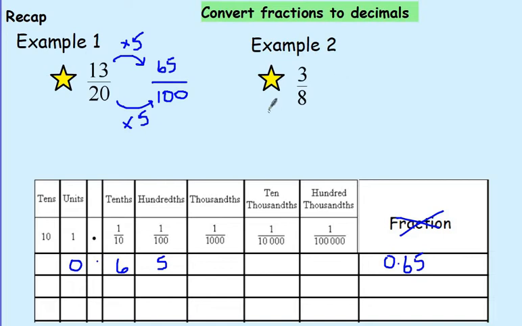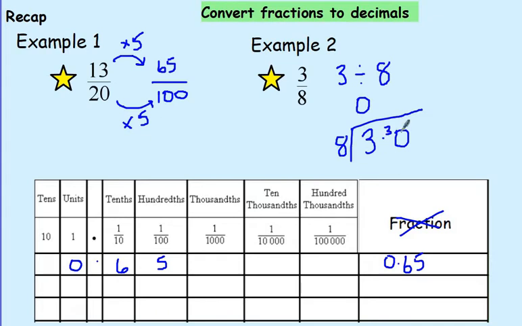For the second one, I've got 3 over 8. This means 3 divided by 8. This time I can't convert that bottom number to 100 easily, so I need to do 3 divided by 8 using my bus stop method. The number of 8's in 3 is 0, remainder 3.